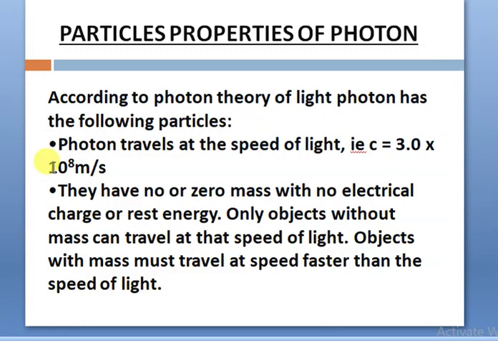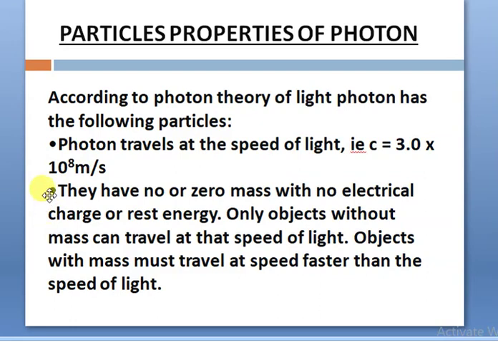That is around 300 million meters per second. So in 1 second, this photon travels 300 million meters. You can find that they have a very high speed.